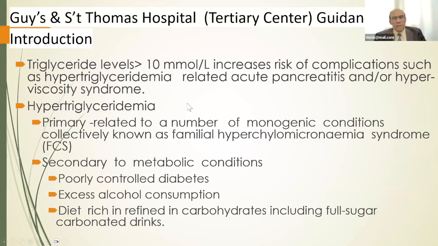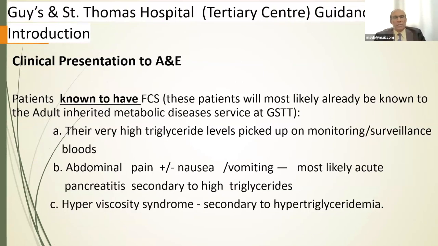Hypertriglyceridemia can be primary or secondary. Primary is related to monogenic conditions collectively known as familial chylomicronemia syndromes, or secondary, which is related to poorly controlled diabetes, excess alcohol, or a diet rich in carbohydrates. These patients present to the hospital in 2 ways. One is patients who are known to have familial chylomicronemia syndromes.